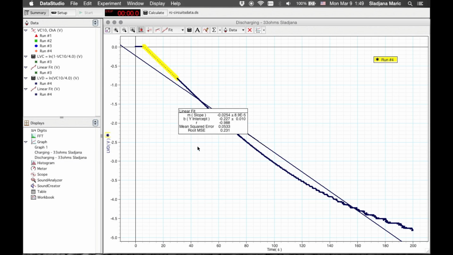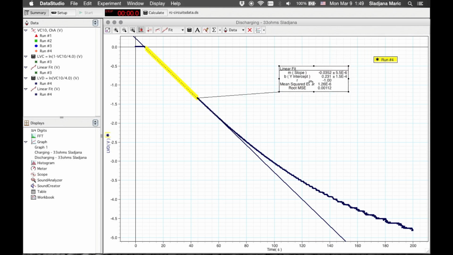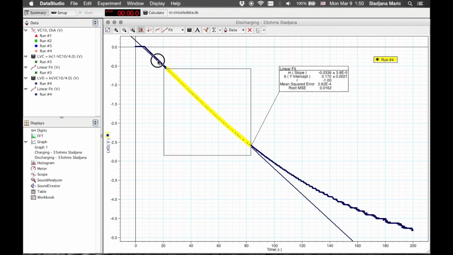And then again highlight the portion of the graph that represents a straight line, and then record the value for the slope in your laboratory manual, and then knowing from the equation what the slope represents, you can use this value to calculate the capacitance for the capacitor discharging through a 33 ohm resistor. Again, print this graph for you and for your lab partner.